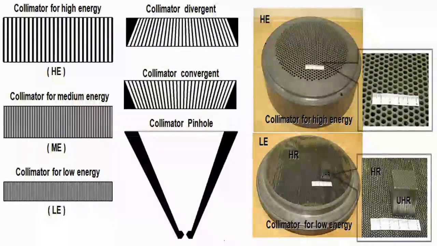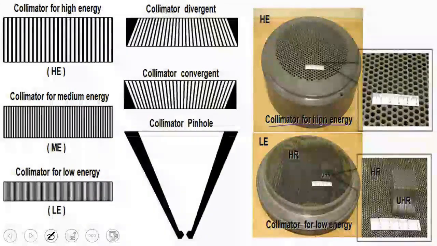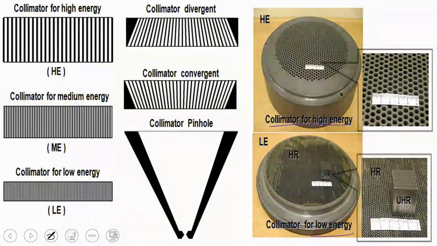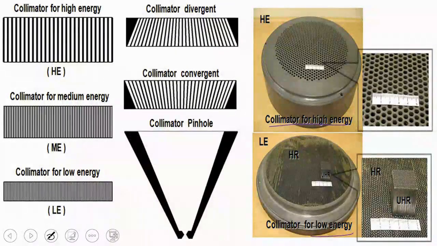There is something called high resolution and something called ultra high resolution. In ultra high resolution, the diameter of the holes becomes much smaller. In reality, we don't see many people using it. Most people work with low energy high resolution, especially in cardiac cases.